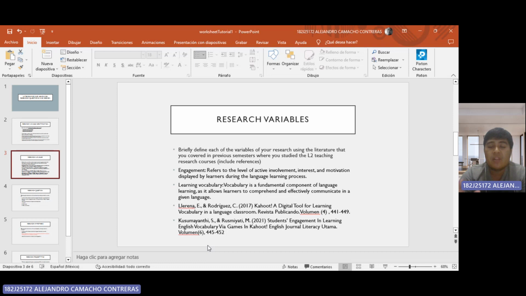And learning vocabulary is fundamental for communication because it allows learners a better comprehension and effective communication.